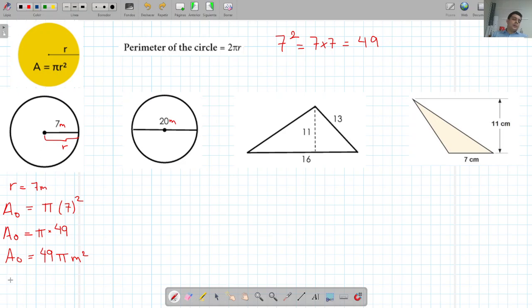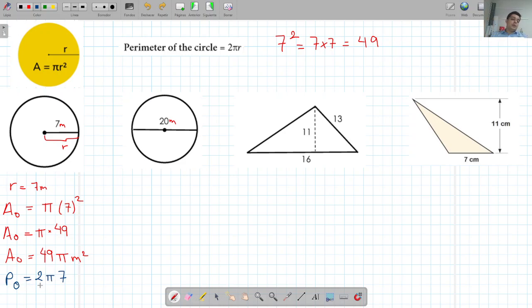Now if we talk about the perimeter, there is not much difference. The formula is going to change. The formula for the perimeter of a circle is 2 times pi times the radius. So we got 2 times pi times the radius, but the radius is going to be 7. Here the order of operations doesn't matter. Please remember, in multiplication it doesn't matter if we have the number at the beginning or the end; if we multiply, we get the same.